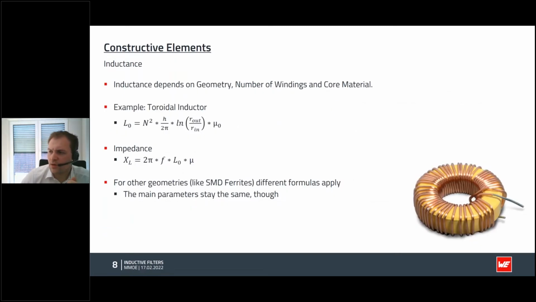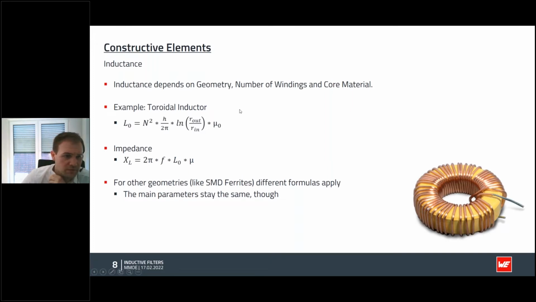The impedance in this part stems from the basic inductance of the part. The inductance can be calculated from the geometry, the number of windings, and also from the relative permeability of the core. Here's an example for a toroidal choke, because this was the most obvious formula that I could find.